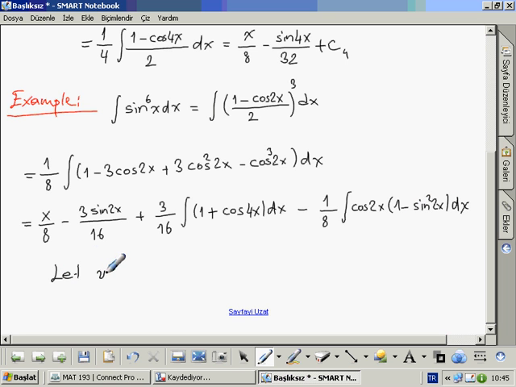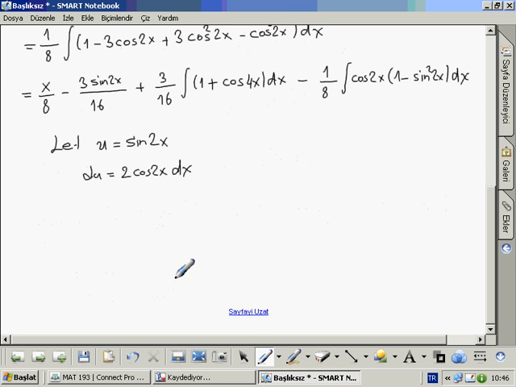Let u equal sine 2x, and du will be 2 cosine 2x dx, right?